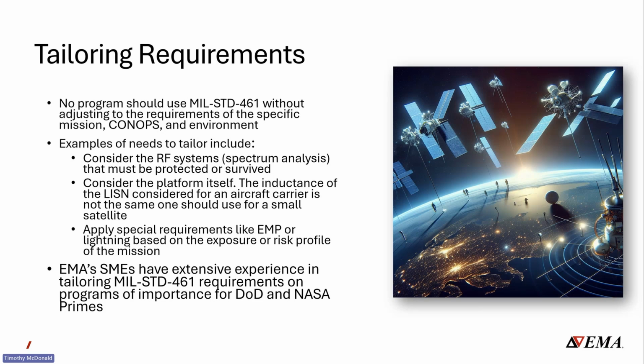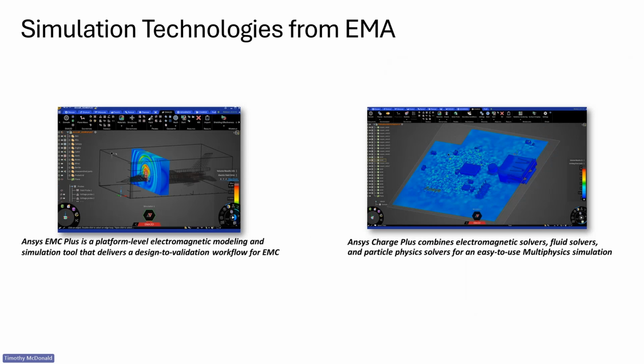You do not want to levy a lightning requirement on a design that's not going to see lightning, because it will drive weight, cost, and complexity to your design. And our team has extensive experience over decades tailoring and levying requirements for DoD and NASA primes, although increasingly we're doing that in the commercial realm.